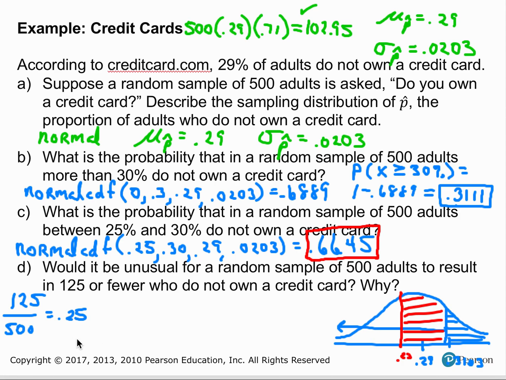And then, same thing, normal CDF. Okay, 125 or fewer, so this one, my calculator is going to give me what it's asking for.